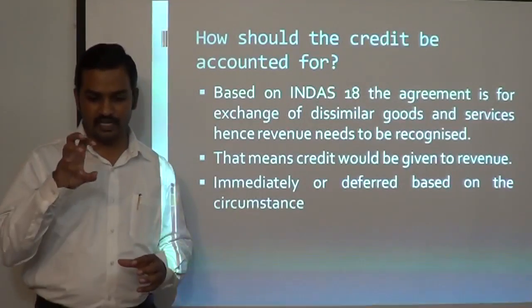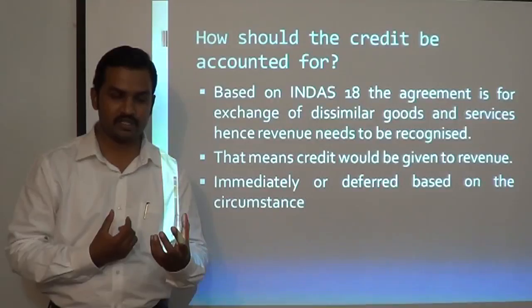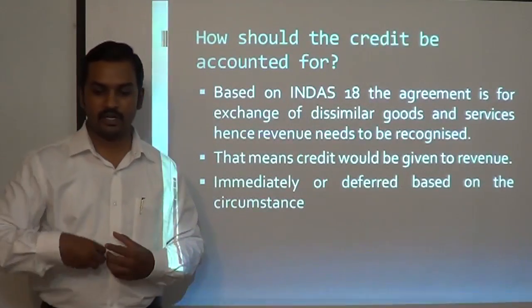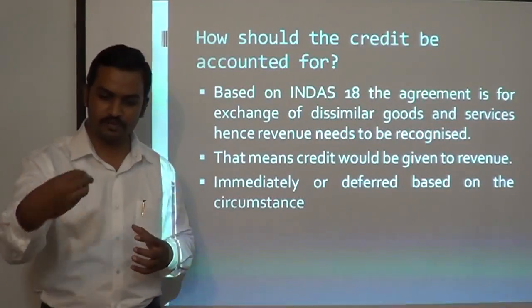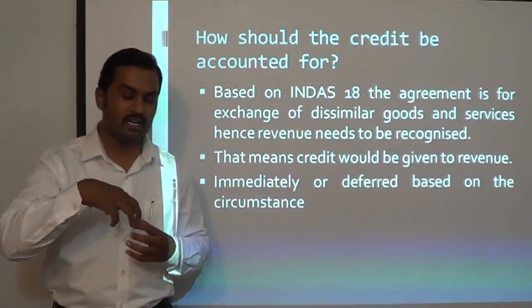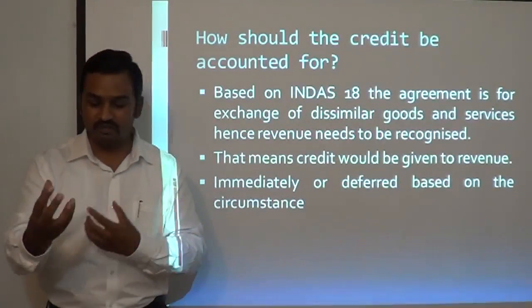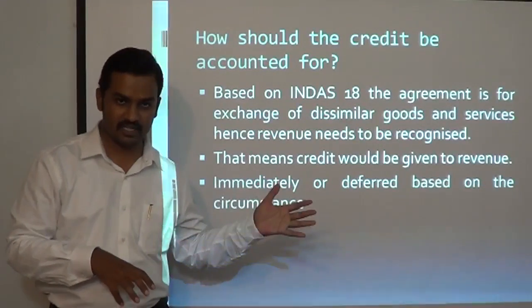As per Ind AS 18, if you are exchanging similar goods and services, no revenue can be recognized. That means you have given some services and received some services in return. Both are similar. You have given up some goods and you have received the same goods. In such cases, no revenue should be recognized. But when the goods and services which are exchanged are dissimilar in nature, definitely revenue has to be recognized as per Ind AS 18.